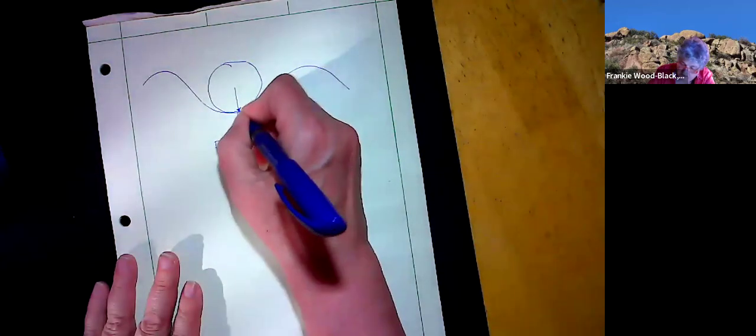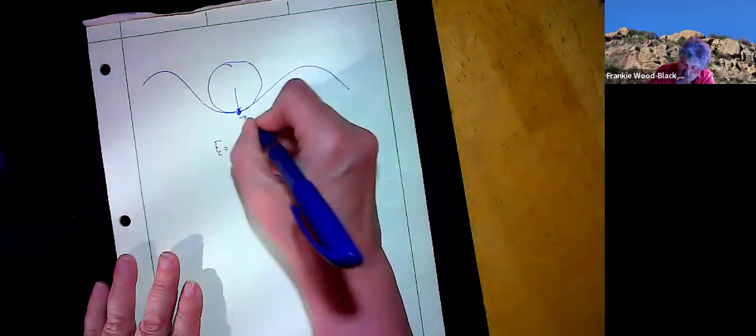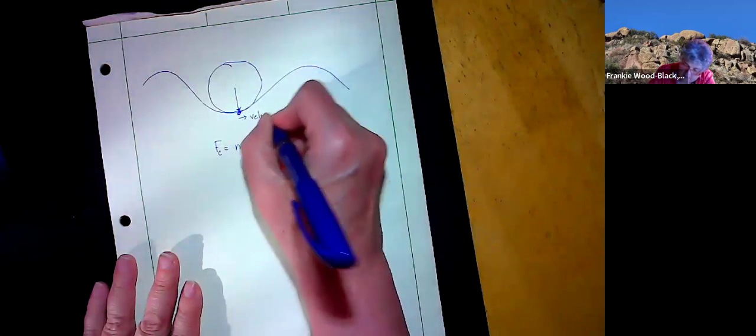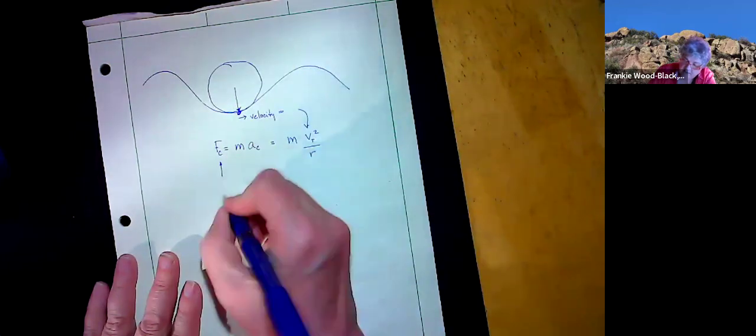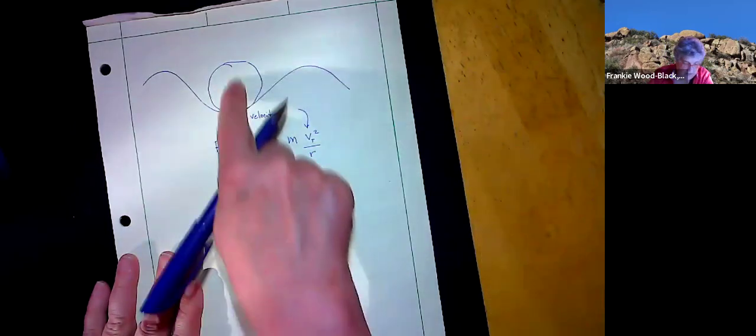If we're given a velocity at this point, whatever that velocity is, we can plug that in there to find out our center-seeking force. Centrifugal is a fictitious force, because what we're really dealing with is our center-seeking force.